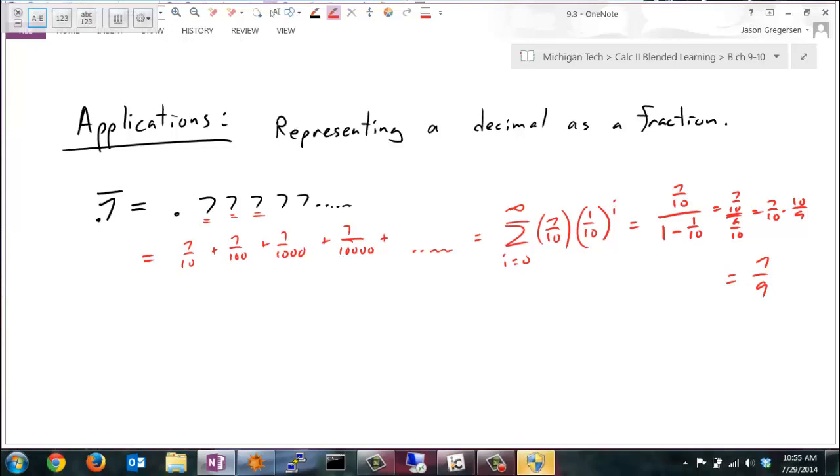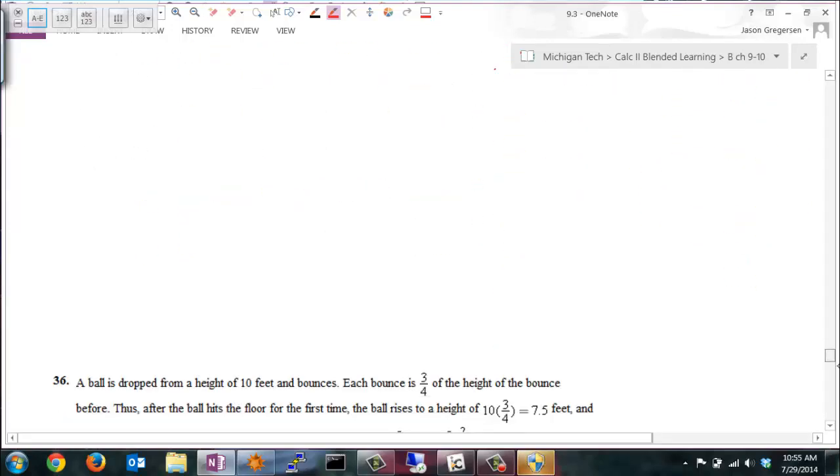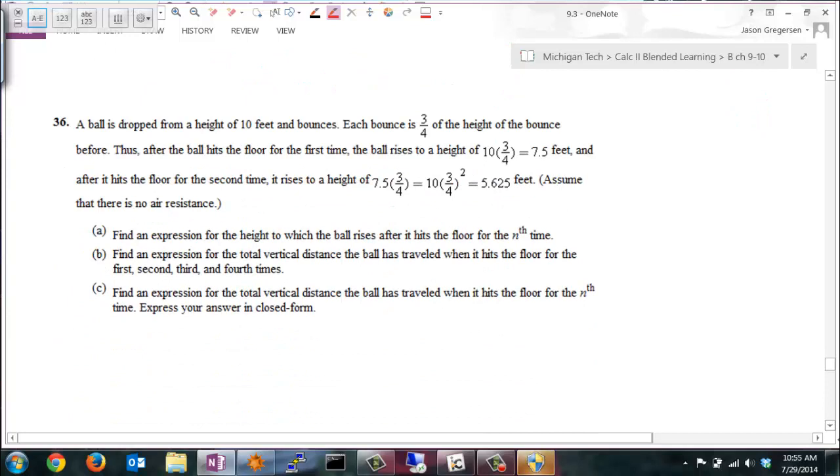Now there's a lot of other applications to this. Some physics applications, lots of economic implications. I'm going to talk through two, not doing any work, but just stating them essentially, and then we'll leave it at that. This is a classic problem from the other book that students hate, so you guys are lucky you don't have to deal with this one. It's a ball bouncing. If you drop a ball, it won't bounce up to the same height.